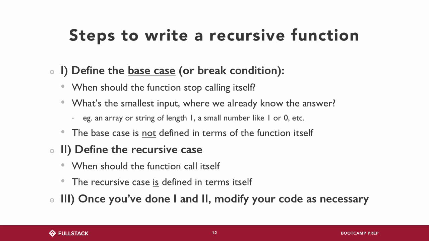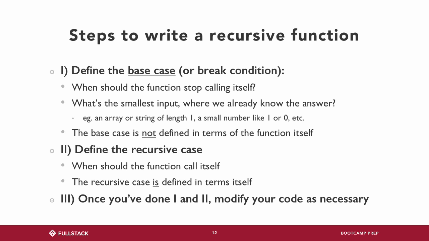So, writing a recursive function, figuring out what the base case or the break condition should be is step number 1, because that's normally what the most simple input could be. The empty string, the empty array. What is the smallest thing that could be inputted into your function? 1 letter, when you're reversing it.